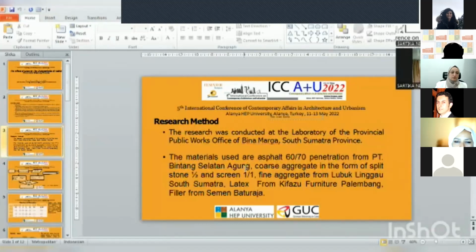Research methods. The research was conducted at the laboratory of the Province Public Work Office of Bina Marga, South Sumatra Province.